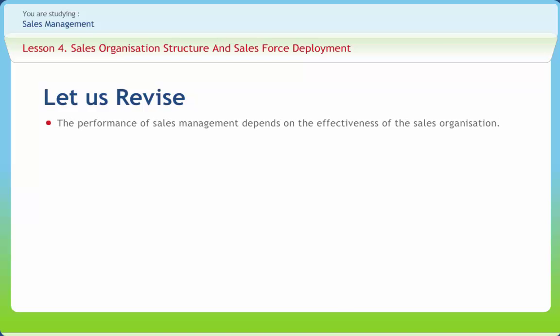Before we end, let us briefly revise what we have studied till so far. The performance of sales management depends on the effectiveness of the sales organization. Sales managers are faced with some problems when designing a sales organization. The decision depends on the type, structure, and ownership of the sales force.